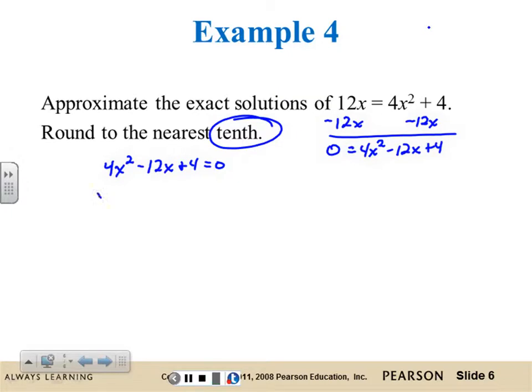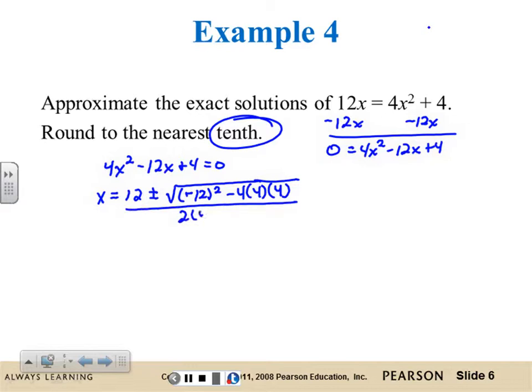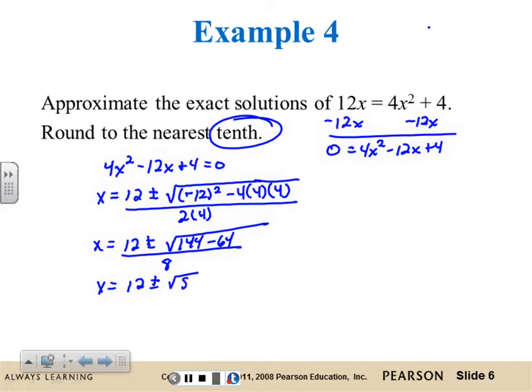So we're going to have x equals the opposite of b, which is going to be 12, plus or minus the square root of b, which is negative 12 squared, minus 4 times a times c, all over 2 times a. And so we'll have x is equal to 12 plus or minus the square root of 144 minus 64, all over 8. And so we have x is equal to 12 plus or minus the square root of 80 over 8.